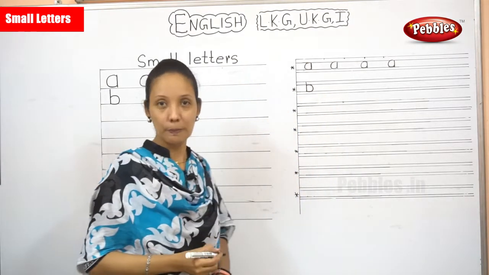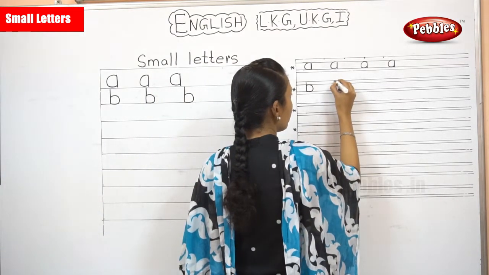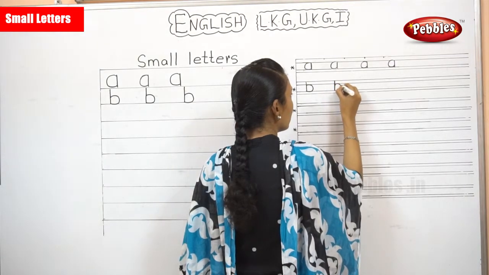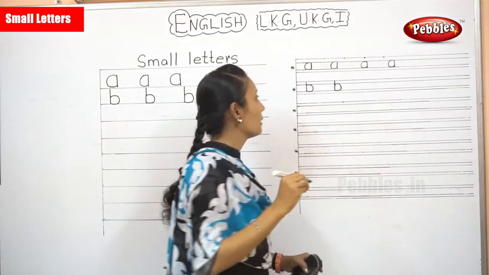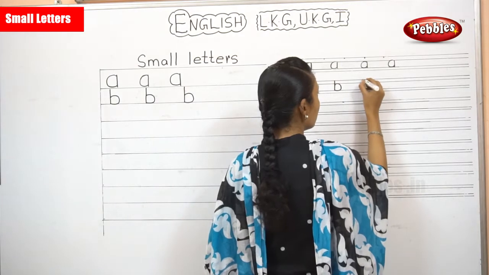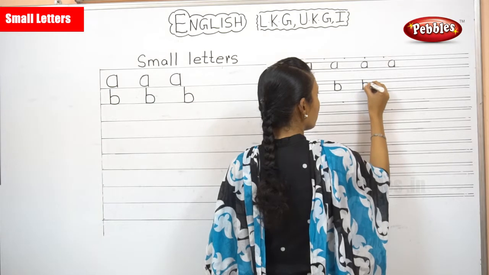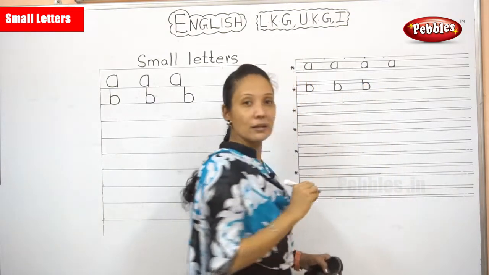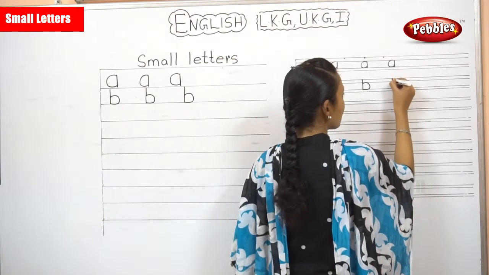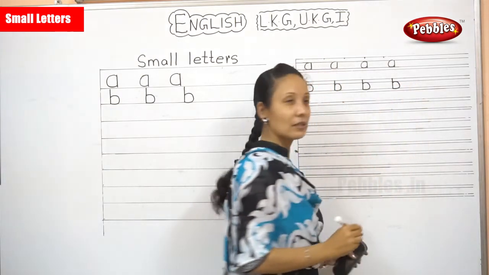This is your B, small letter B. Again your line from the first line down and your curve, B. A standing line and your curve is small letter B.